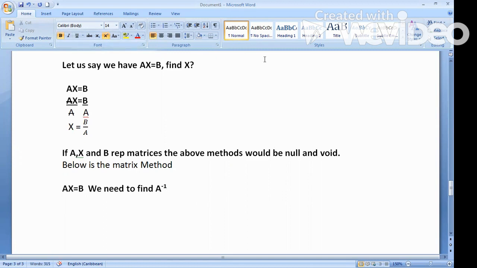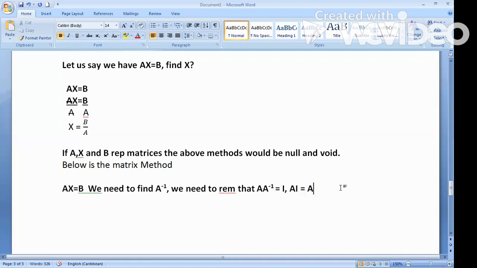Another thing that we need to remember is that A times A inverse is equal to I. We also remember that A times I is equal to A. So A times the inverse gives you I, and A times I gives you back A.